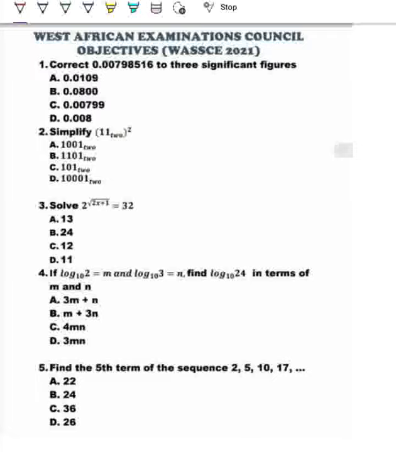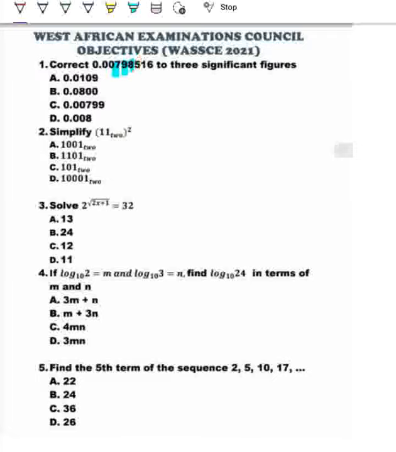Moving from the left-hand side to the right, the first non-zero digit is 7. We count the next digits: 9 as the second significant figure, and 8 is the third. The next thing to consider is the number after the third significant figure.